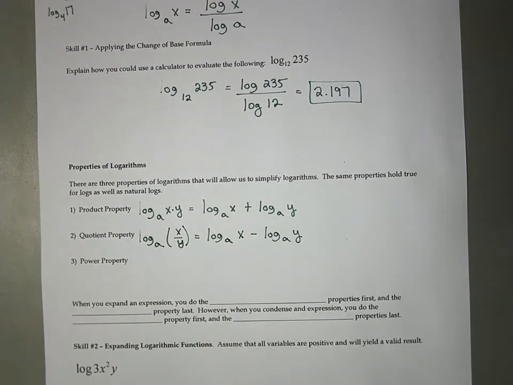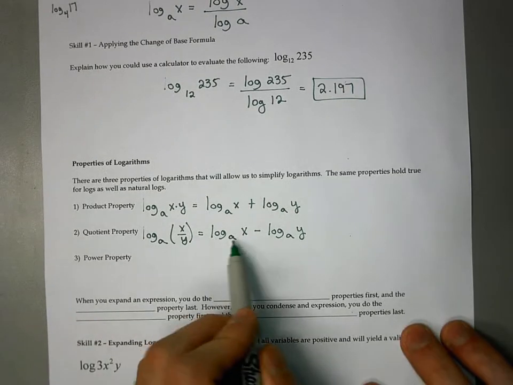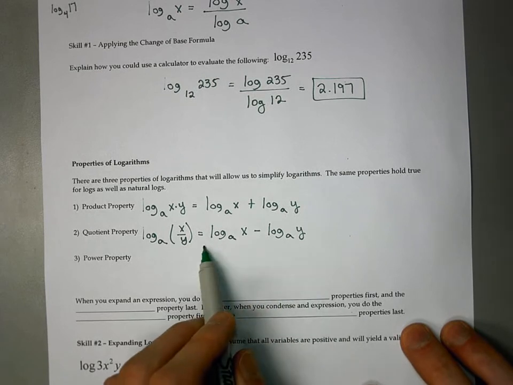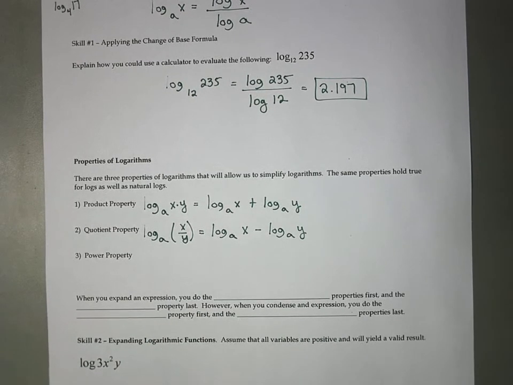So when you've got the quotient property, when you expand logs, it turns into subtracting two separate logs. And if you have two separate logs that have the same base, log base a, I can combine those together by dividing x and y.